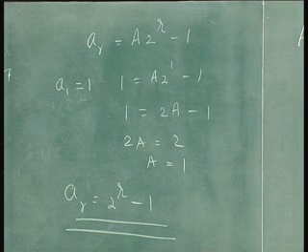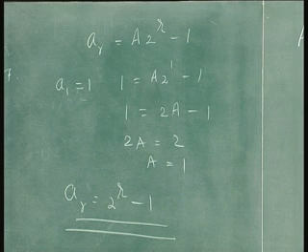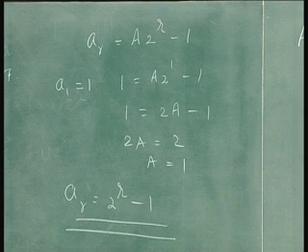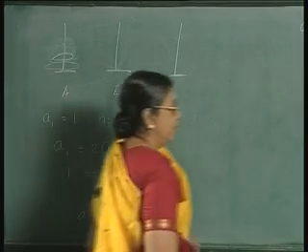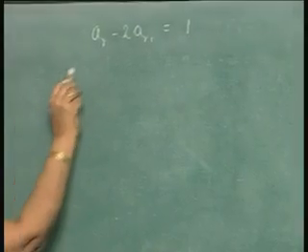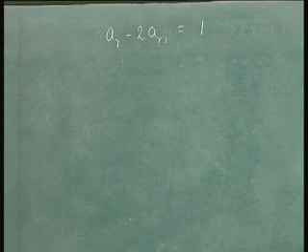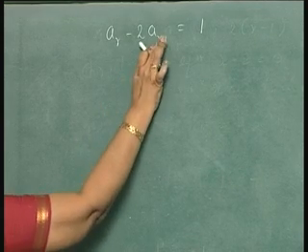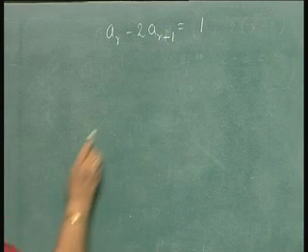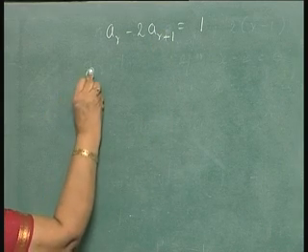Let us see how the same problem can be solved by means of the generating function method. So, we have to get the answer A_r is equal to 2 power r minus 1. So, we start with this recurrence relation. It is valid for r greater than or equal to 1. So, multiply by z^r.